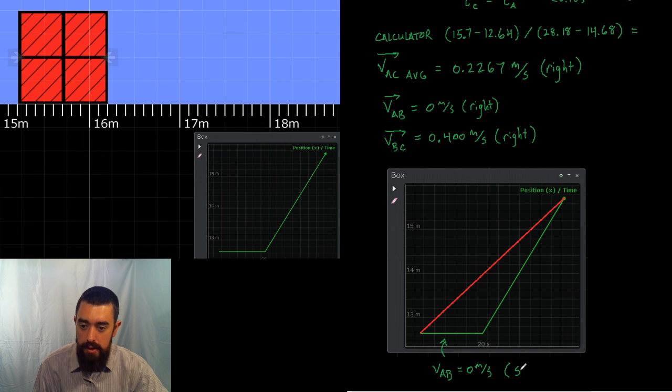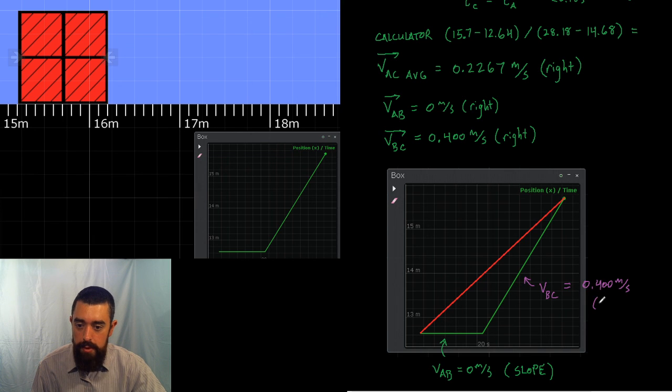That was the slope of this section of the graph. And then in the second section, let's use a different color, we had a VBC, and that was equal to 0.400 meters per second.